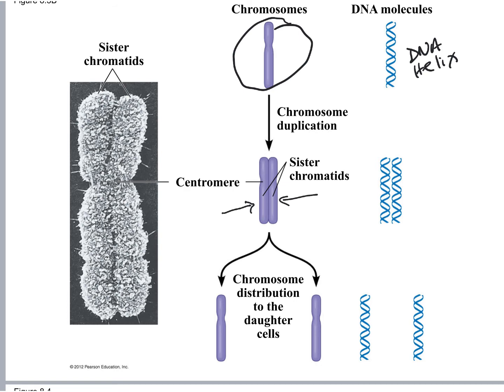The chromosome has made an identical copy of itself. And then when one cell is going to become two cells, those sister chromatids have to separate. That's what you see here. Now you've got those sister chromatids separated, and each one of those chromosomes will now go to a separate cell.